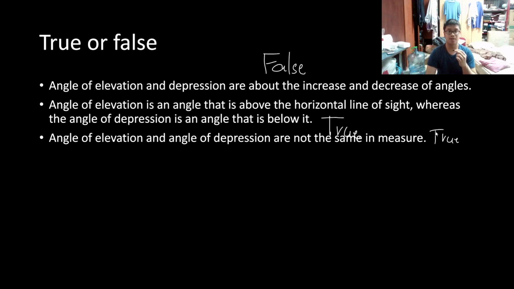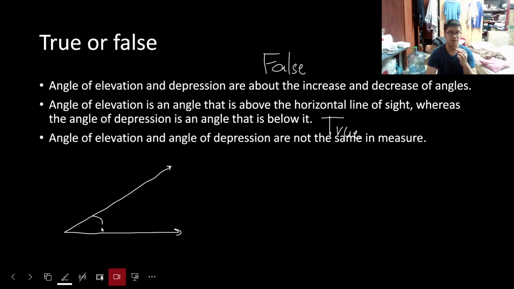Why? If you take a look, let's just say angle of elevation. This is the horizontal line of sight, and we have the angle here. Now, in this scenario, this is the angle of elevation, but suddenly I want to know the angle of depression.